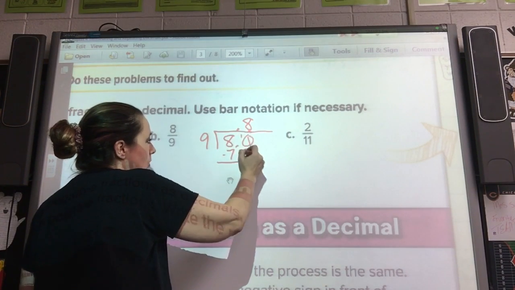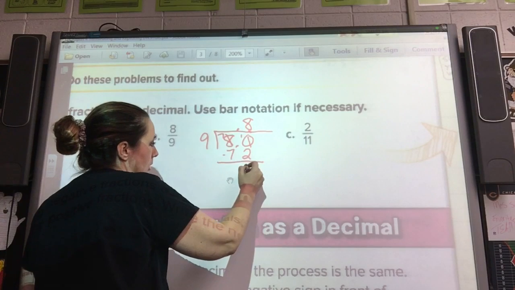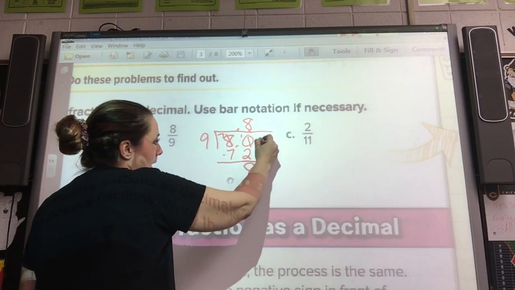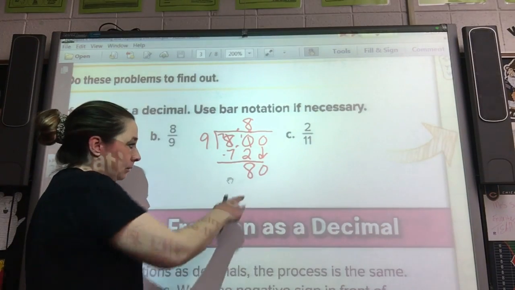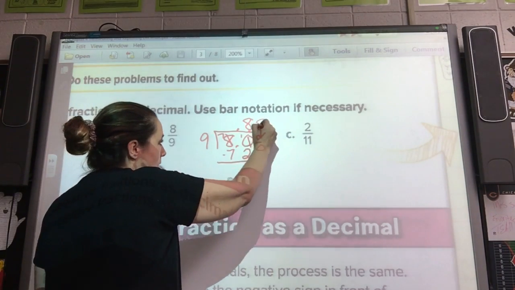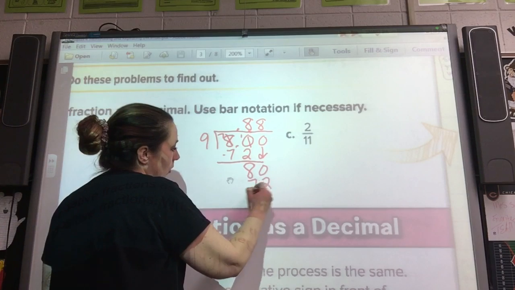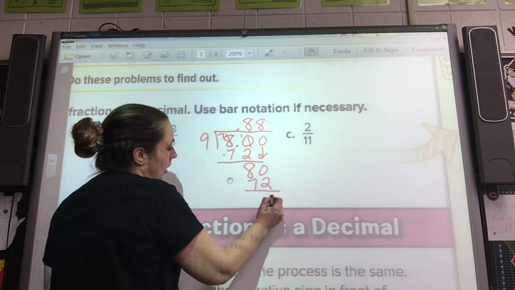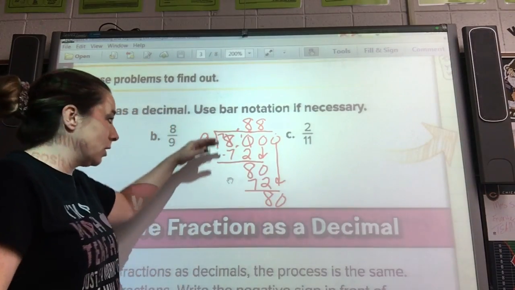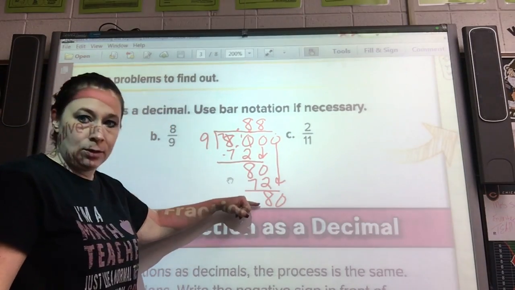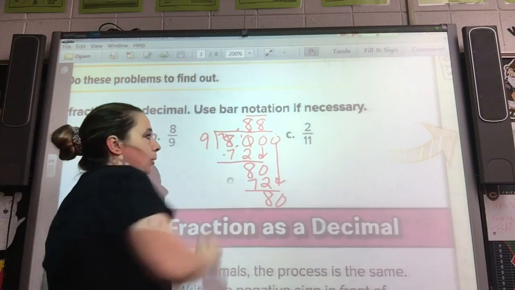And we got to borrow. And you're going to get an 8. Add a 0 and bring it down. And look what you have again. 80. And that's what we had here. So 8 again, which is going to be 72. And guess what? When we subtract, we're going to get 8 again. And bring down. And so you can tell it's going to keep going. 80, 80, 80. Okay?